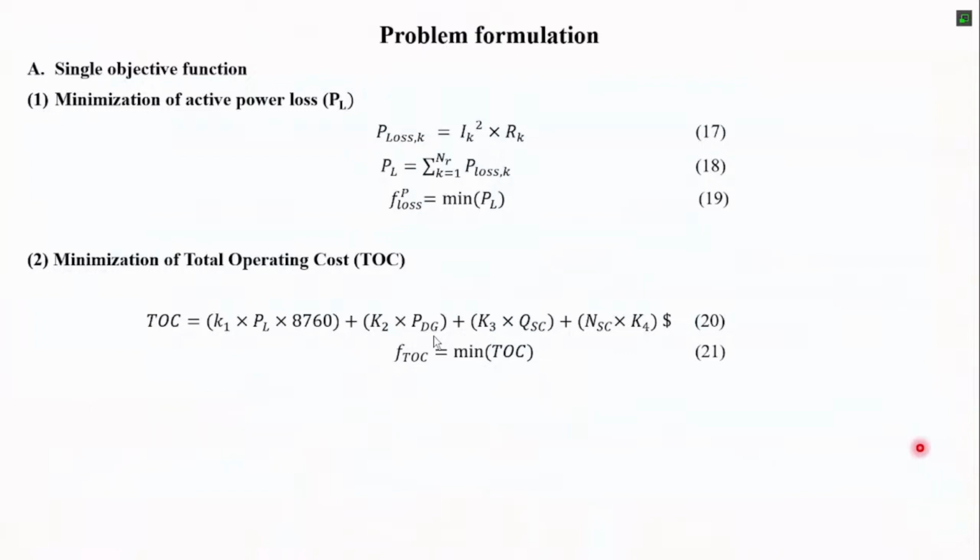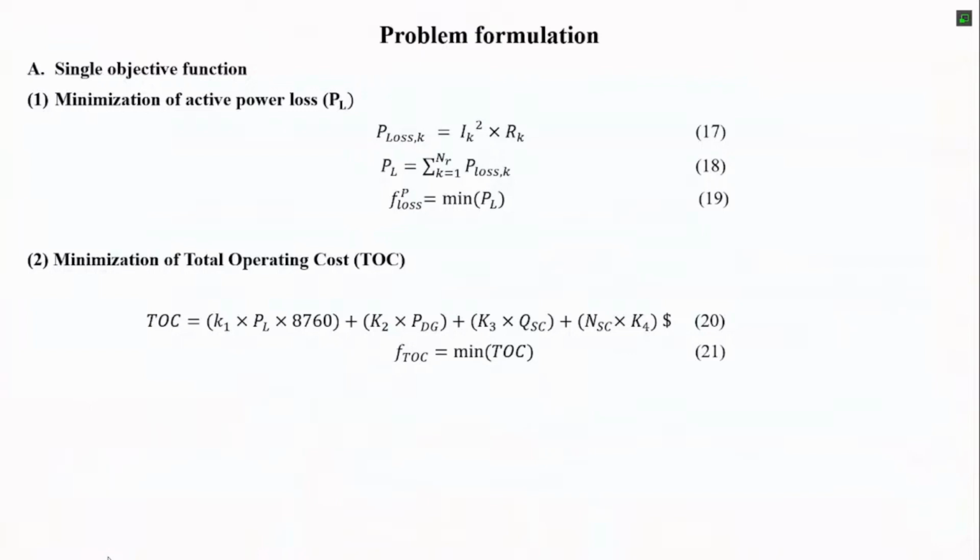And there is the number of shunt capacitors. Based on this, we formulate the objective function. So basically we have two objective functions, equation numbers 19 and 21.